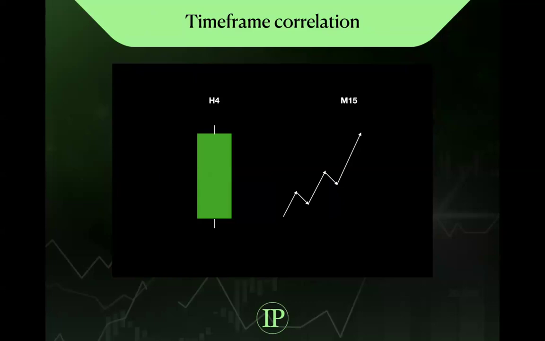Within our 4-hour candle, if we go down in our time frames and look at the 15-minute chart, you will see that the market trended upwards within that 4 hours. As price unfolded, there was a bullish trend occurring on the 15-minute time frame.